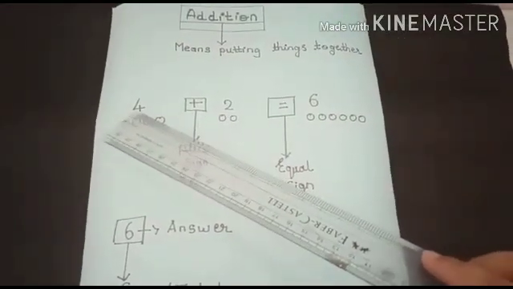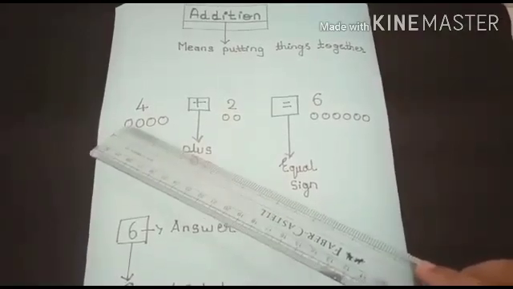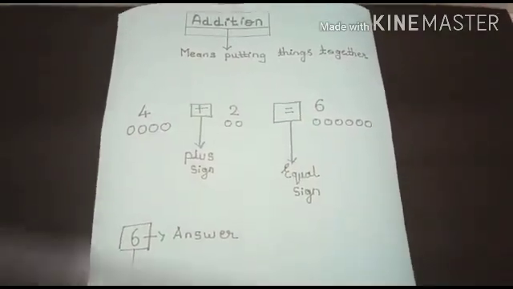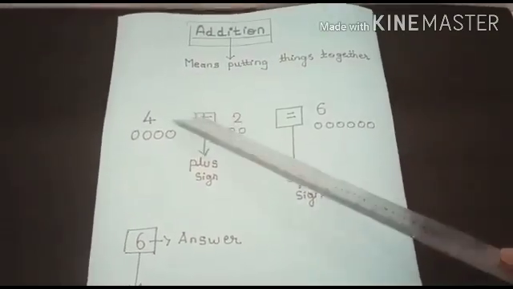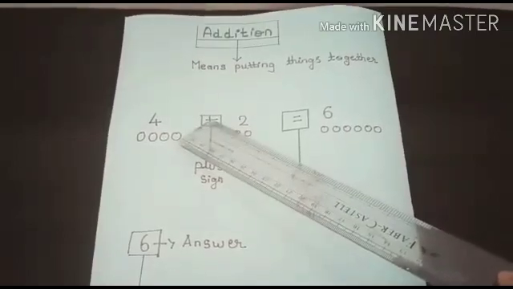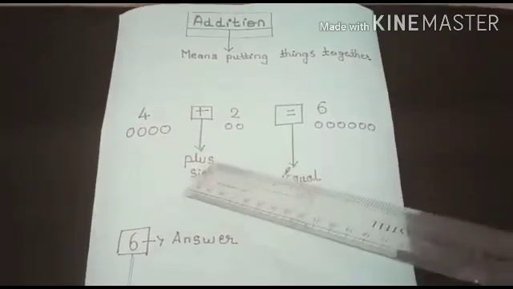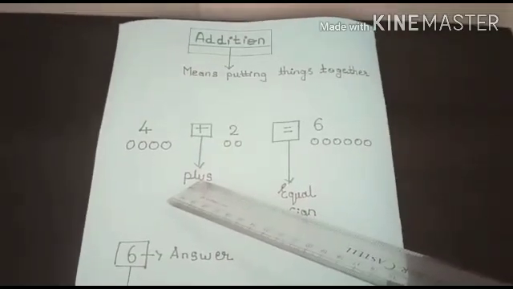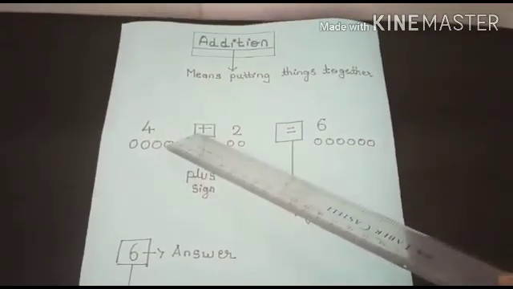4, and there are 4 circles. 1, 2, 3, 4. Then can you see there is a sign given over here in between? This sign is called plus sign, or we can say this is the sign of addition.